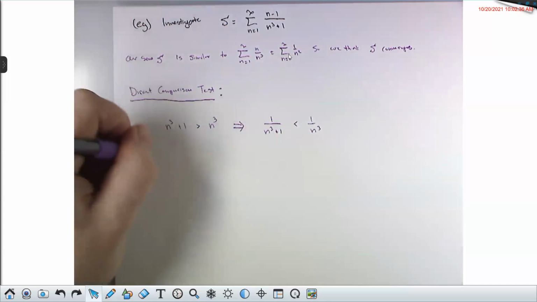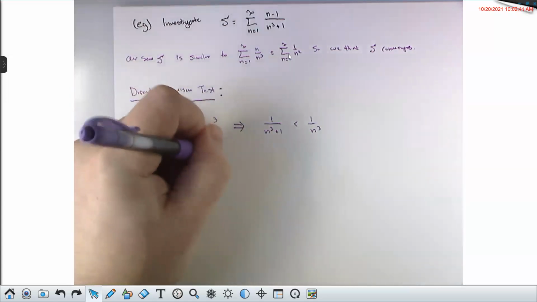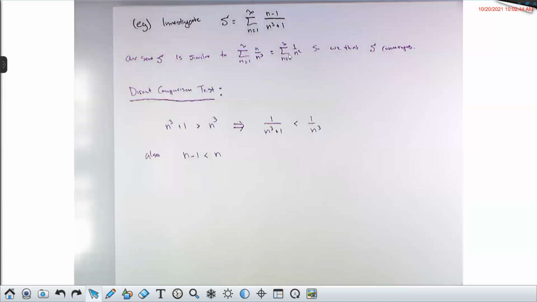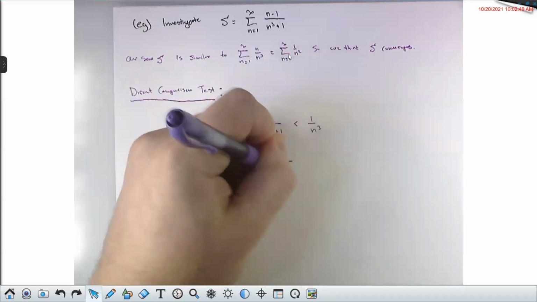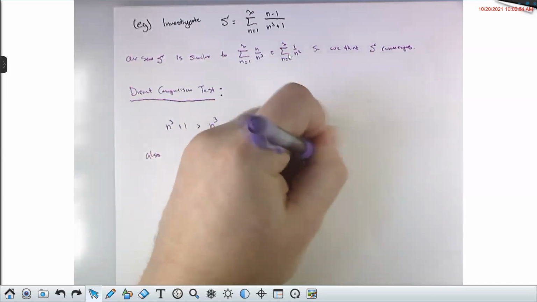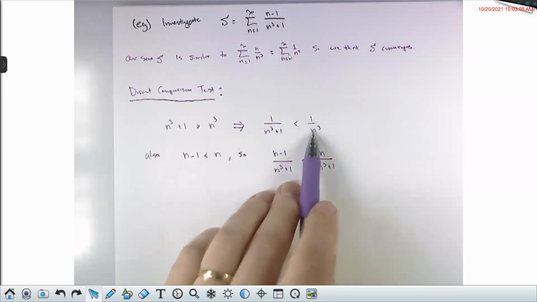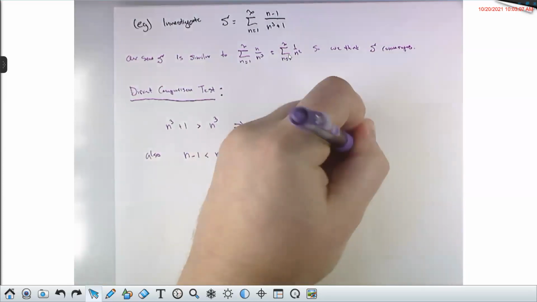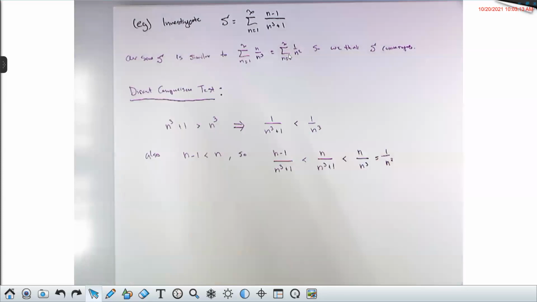Also, n minus 1 is smaller than n. So n minus 1 over n cubed plus 1 would be smaller than n over n cubed plus 1. And since 1 over n cubed plus 1 is smaller than 1 over n cubed, this would be smaller than n over n cubed, which is 1 over n squared.